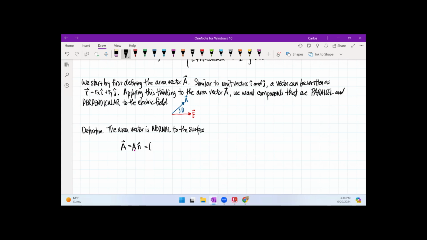And this guy has components A parallel and A perpendicular. So these are actual components that have their own directions. And we'll define this where n hat is the normal unit vector to the surface.